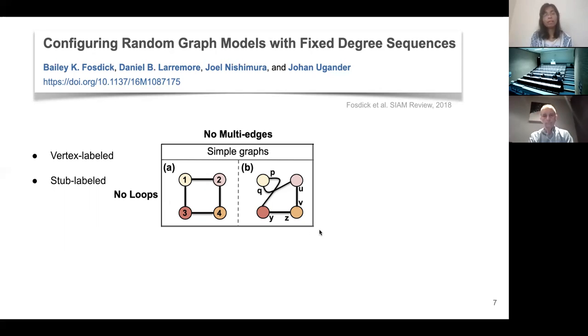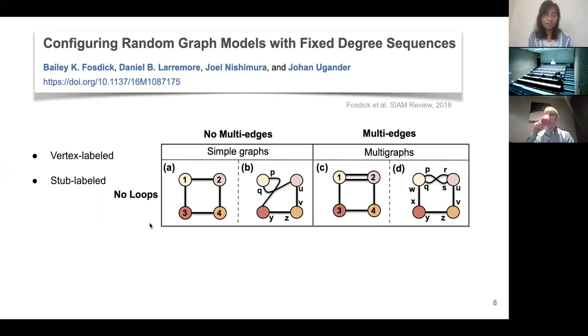Now, in a simple graph space, there is not much of a difference between vertex labeled and stub labeled. But when we look at the other graph spaces, for example, the multigraphs, where loops are not allowed, but multi-edges are, in that case, it matters whether we are looking at vertex labeled graphs or stub labeled. In the stub labeled graphs, every stub has a distinct label. So in this example, stub P is connected to S and Q is connected to R. If we instead had P connected to R and Q connected to S, that would create a new network.